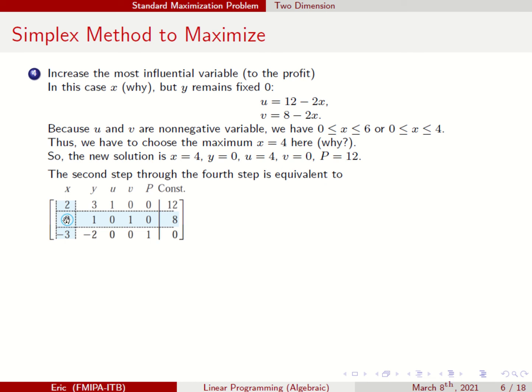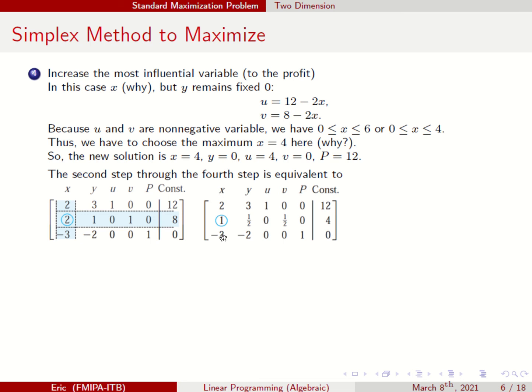So you have to bring this into 1. So you have 1 here, and then you have 4, and so you have x equals 4. But you have to change this into identity. You have to change this into the basic variable, because the non-basic variable, if I read this, is 0.